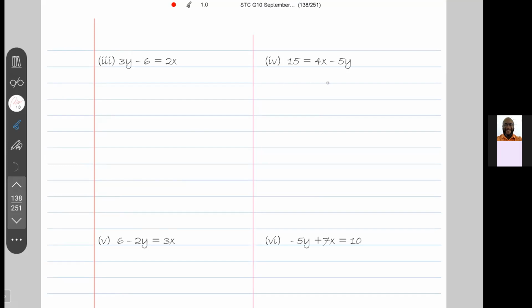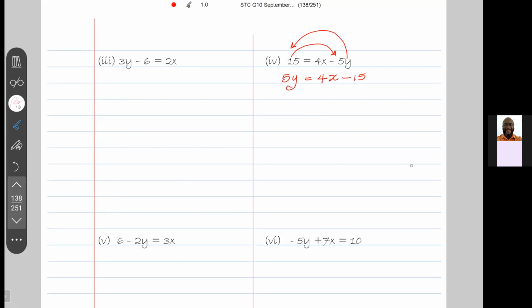So guys, everybody look. Let's get the y over to the left. Negative 5y on the right goes over to the left and becomes positive 5y. Over the right-hand side, I already have 4x, and positive 15 on the left goes over to the right and becomes negative 15. So 15 goes over here and 5y goes over here.